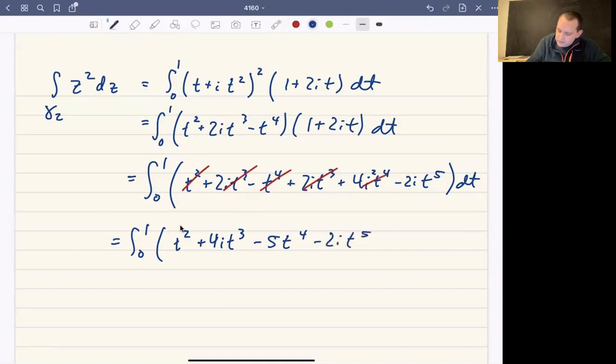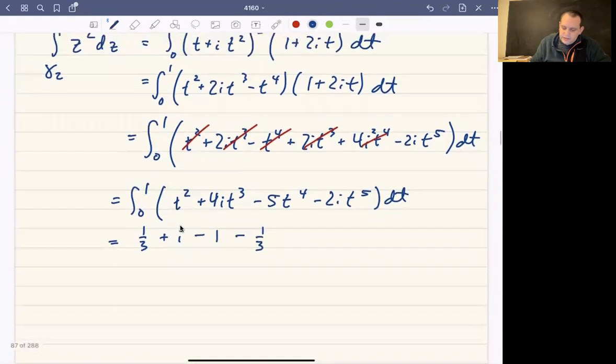fifth dt. And then we're integrating from 0 to 1, so this is going to end up being 1/3 plus 4i over 4. So the integral of t cubed from 0 to 1 is 1/4. So we get 4i times 1/4, so it's just i, minus 1, minus 1/3. Okay, so when we integrate all that, that's what we get.